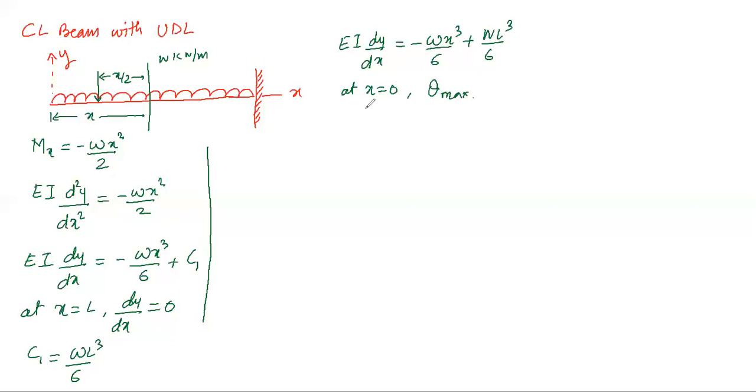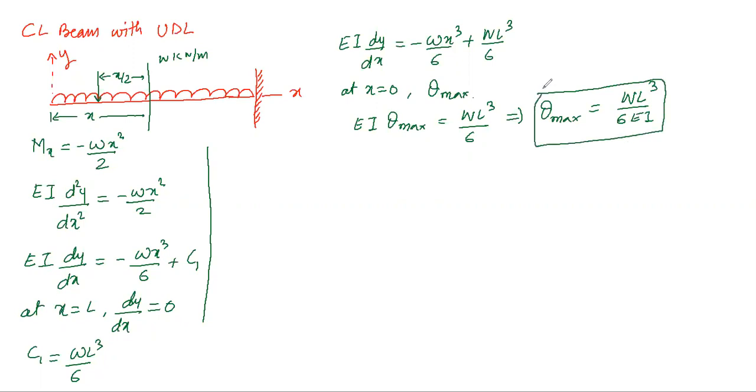So what is the value of theta max? That is to be defined as EI theta max is equals to, this will be 0, that is defined as WL cube by 6, which is also to be defined as theta max is equals to WL cube upon 6 EI, right?